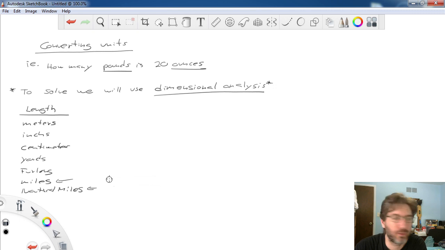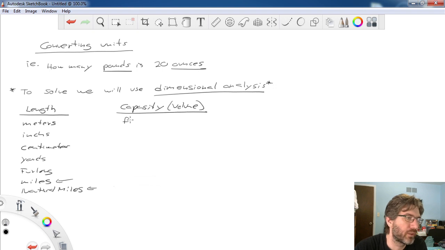You've been using them. You also have measurements of capacity, which is volume. And you've used these as well. These are going to be like your fluid ounces, your liters, your milliliters, things like that. You know what some of those are.